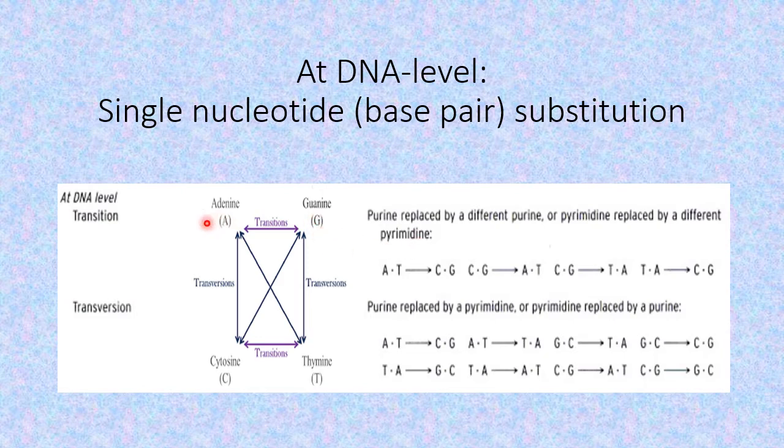So now the AT pair is replaced by the GC pair. So the transitions and transversions lead to base substitution, that is, the substitution of the adenine thymine pair with the cytosine guanine pair.